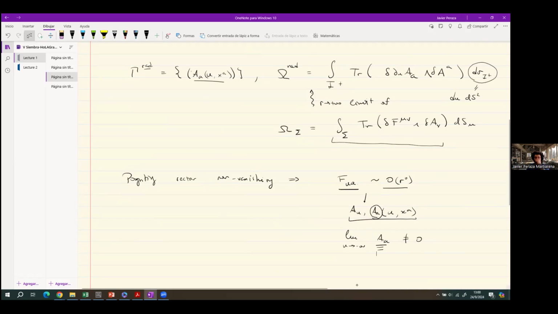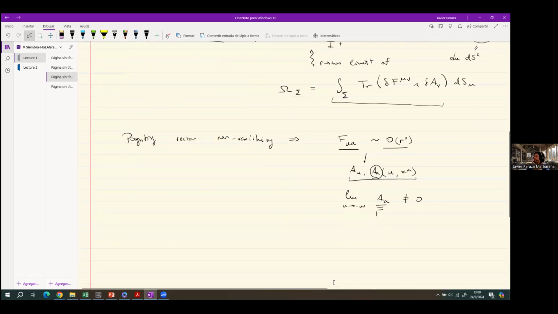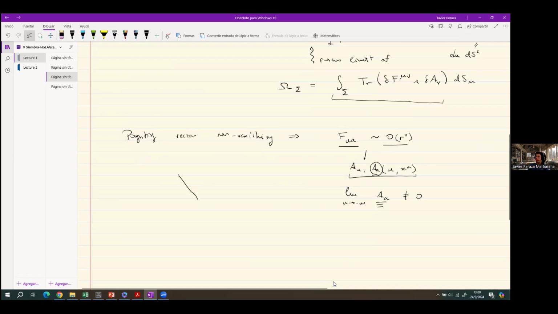The same goes for Yang-Mills. And the same we can say about the limits when we go to u minus infinity and u plus infinity. We have to say something about the fall-offs in u in that case.